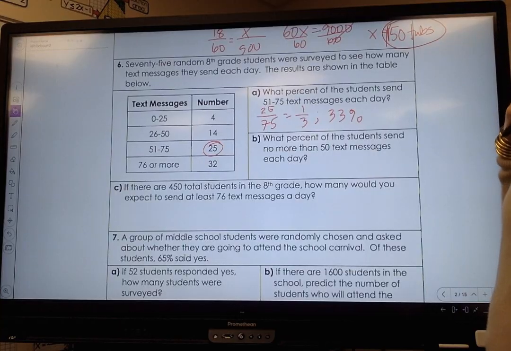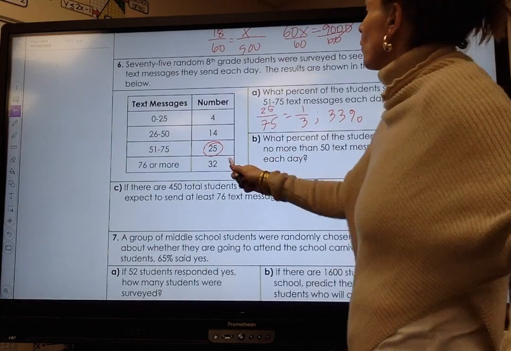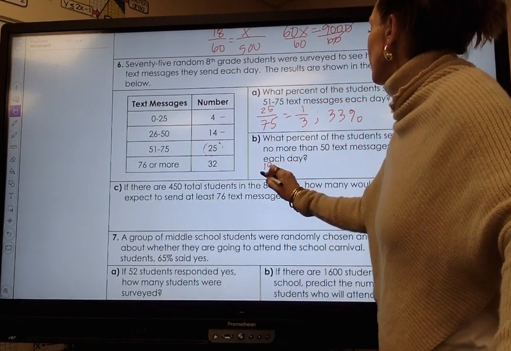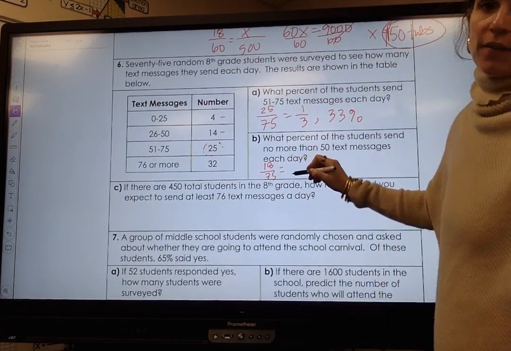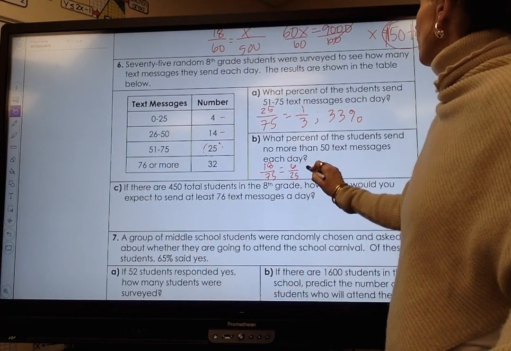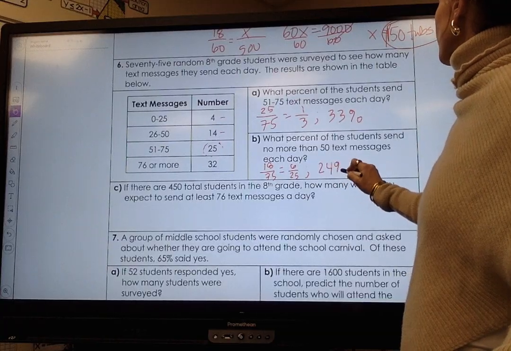All right, what percentage of the students send no more than 50 text messages? So no more than 50 text messages would be these guys. So 18 out of 75, and 18 out of 75 is 6 over 25, which is 24%.